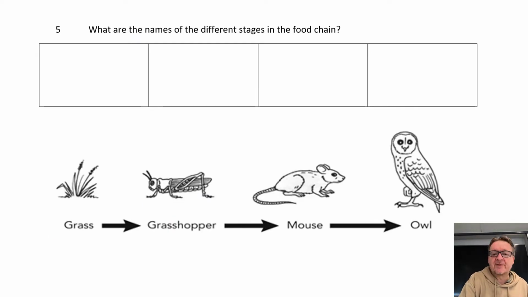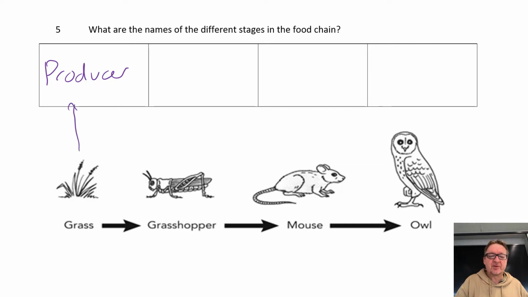What are the names of the different stages in a food chain? We've got producer, right? So the producer is the thing that is making all the stuff in the first place, which is pretty much always a plant of some sort, because it's gaining the energy from the sun and starting the food chain. We've then got a primary consumer, which is the first thing that eats. So the grasshopper is eating the grass.